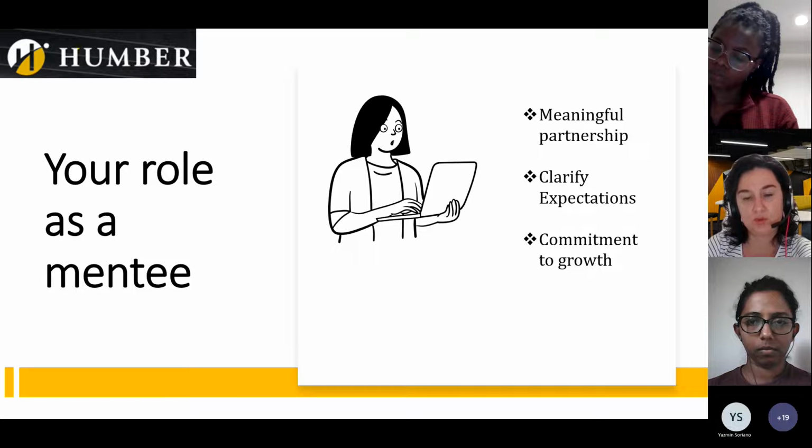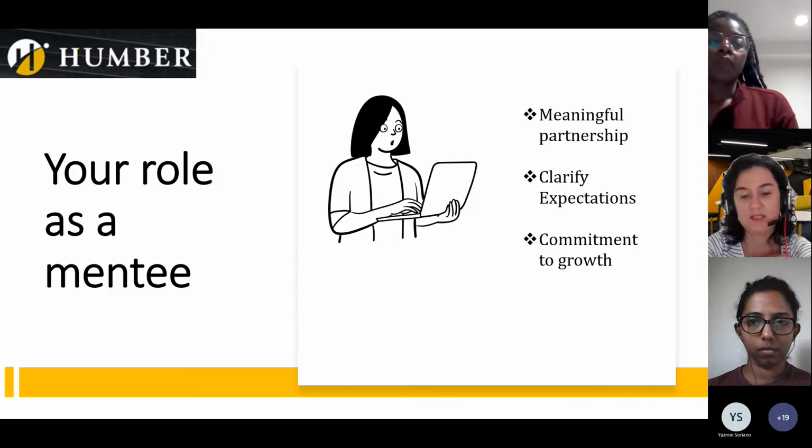You have to commit to the scheduled mentoring sessions, which are going to be also part of the expectations that you are going to outline. You must be punctual, you must be prepared, you must be engaged with your mentor, sending in advance your meeting agenda.